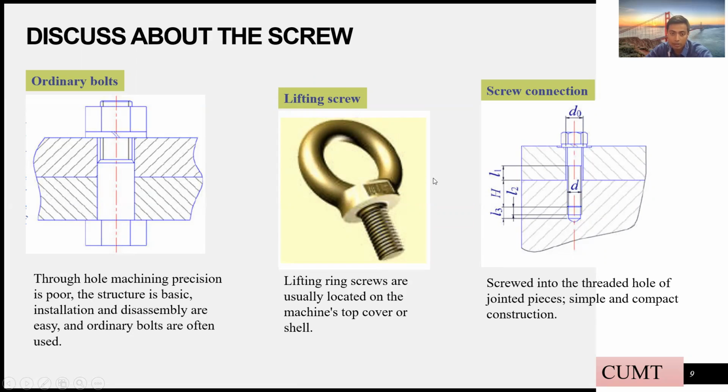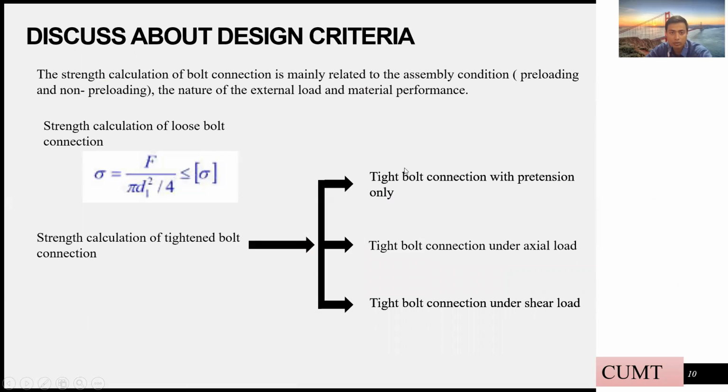In the assembly section, let us discuss the design criteria. Strength calculation of a bolt connection is mainly related to the assembly connection, preload and non-preload, the nature of external load and material performance. The strength calculation for a load has two criteria.